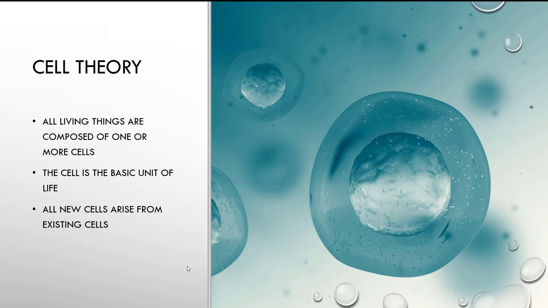Okay, and then finally we're going to look at the last part of this section of the chapter, which is on cell theory. Earlier in chapter 1 we talked about theories. Scientific theories, remember, are basically broad in scope and have lots of varied evidence to support them.